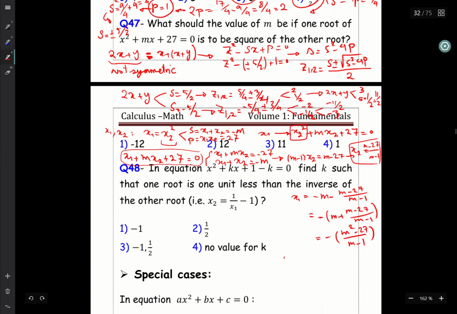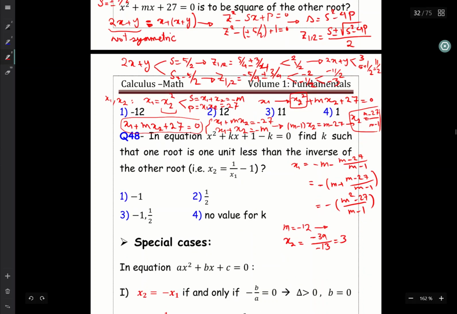So let's assume that m is negative 12. Then x2 is minus 39 divided by minus 13. This is 3, right? And x1 is minus m squared, 144, minus 27, divided by minus 13.